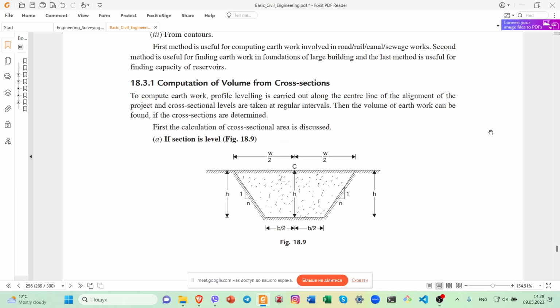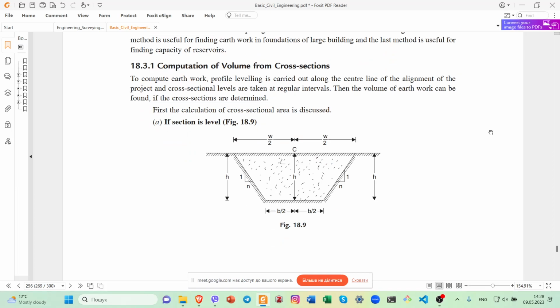Well, computation of volume from cross-section. To compute earthwork, profile leveling is carried out along the center line of the alignment of the project, and cross-sectional levels are taken at regular intervals. Then the volume of earthwork can be found if the cross-section areas are determined. First of all, the calculation of cross-section area is discussed.